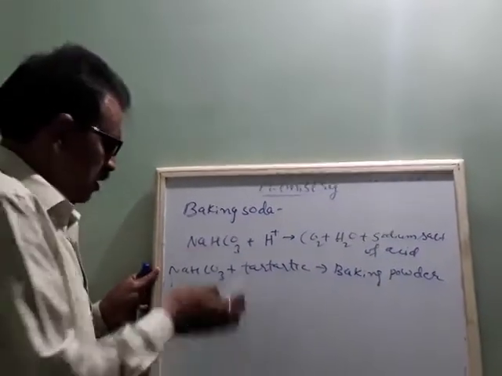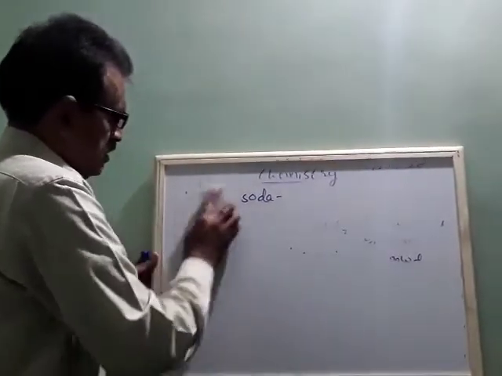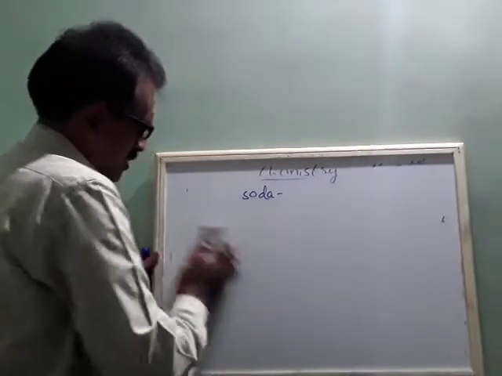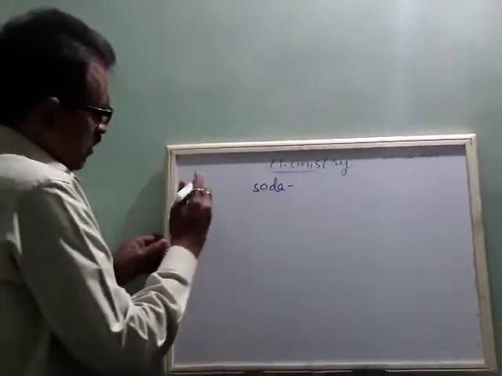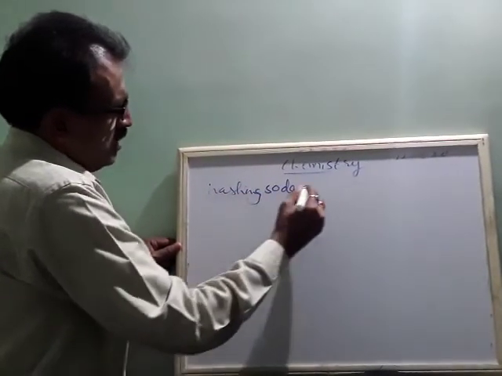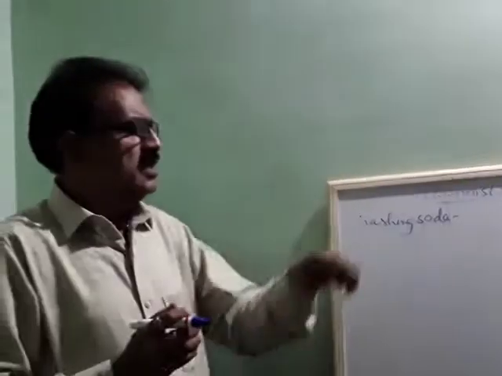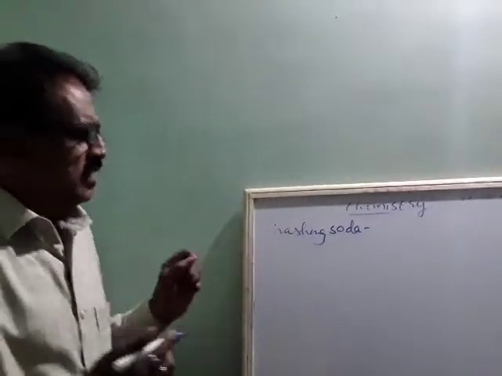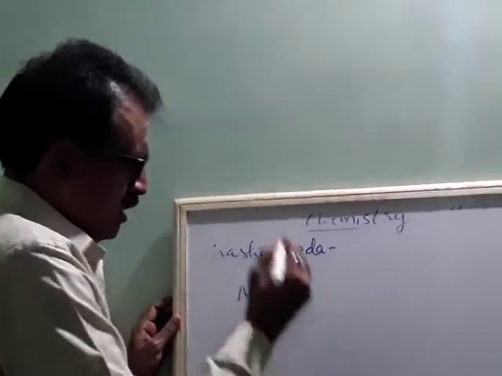Then coming to washing soda. When you say washing soda, this is actually sodium carbonate. If I write it like this, Na2CO3, it is sodium carbonate.